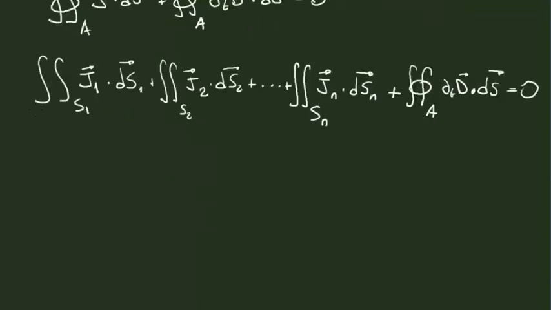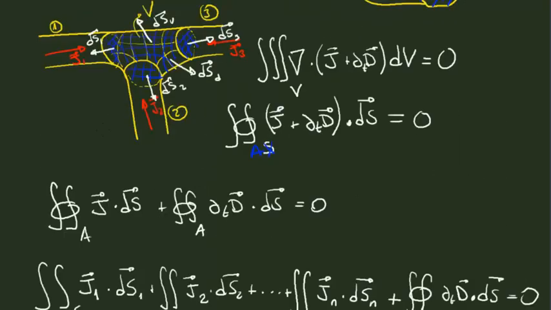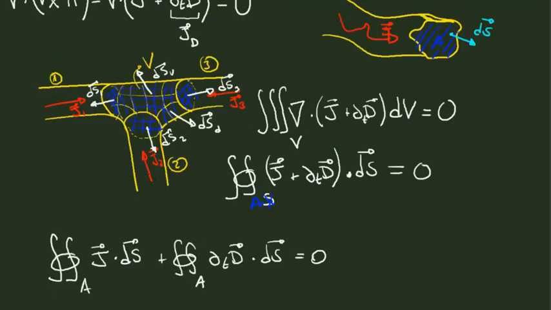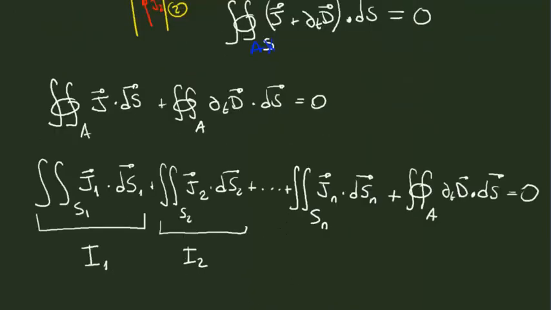So this whole thing will be just I1. What is I1? Well, it's just the net current flowing in conductor 1. Similarly, this will give me I2. What is I2? Well, just the net total current flowing in conductor number 2, confined in that conductor. And this will be IN.